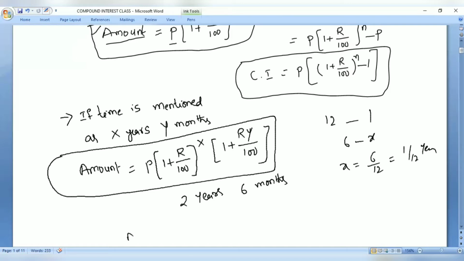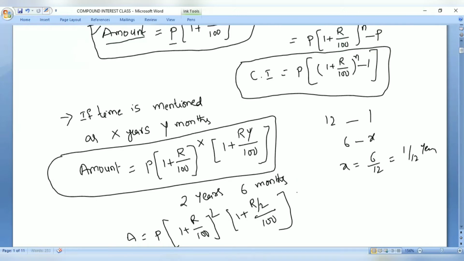Now, on substituting, amount is equal to P into (1 plus R by 100) whole square, and into (1 plus (R by 2) divided by 100). This is how we write it.